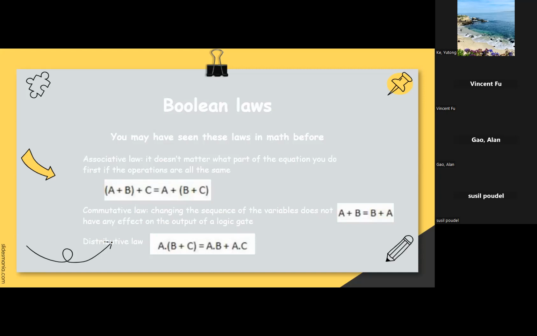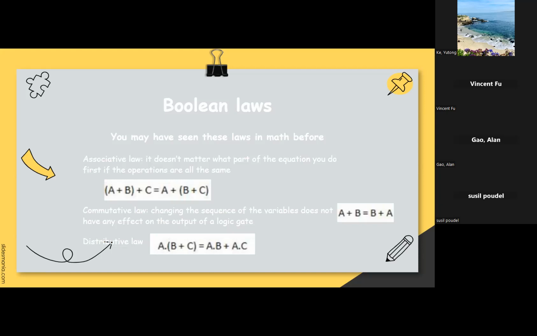In the example below, you can see that since everything is addition, it doesn't matter where you have parentheses, because it's the same exact thing if you add A and B first or B and C first, because eventually you have to do all the same things. However, if you have multiplication and addition, then you have to follow the basic math rules, like PEMDAS, and first do multiplication and then do addition.